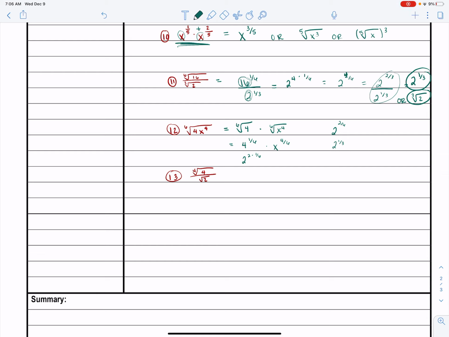And then my x, 4 over 6, is really 2/3. So now I have both of them with a base of 3. So I can say this is all really inside of a cubed root, 2x squared.